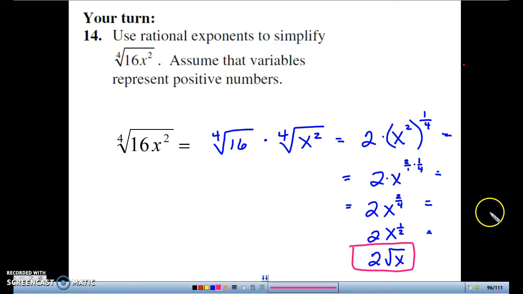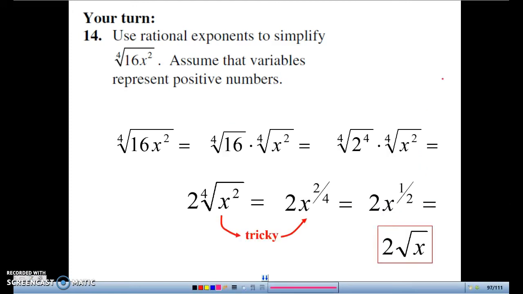So our final answer is 2 times the square root of x. Whew. You know, this whole business of taking the 4th root of x to the 2nd power and changing it to x to the 2/4, which is 1/2, which gives you the square root of x, that's tricky. That's very tricky.